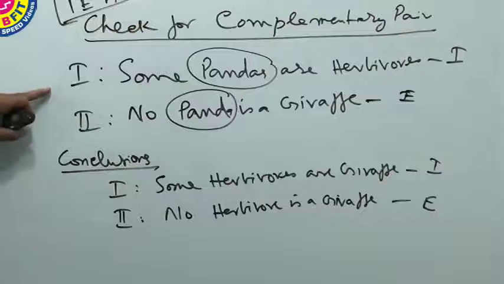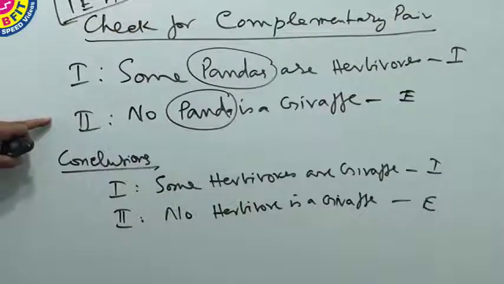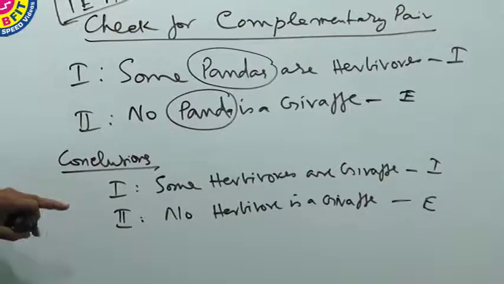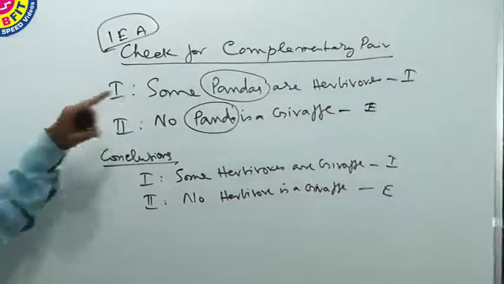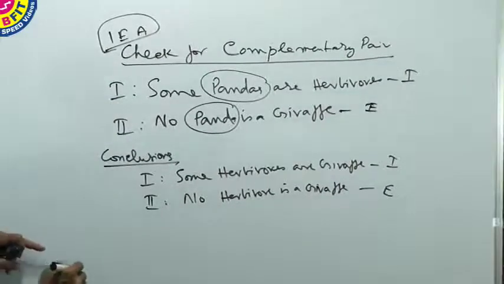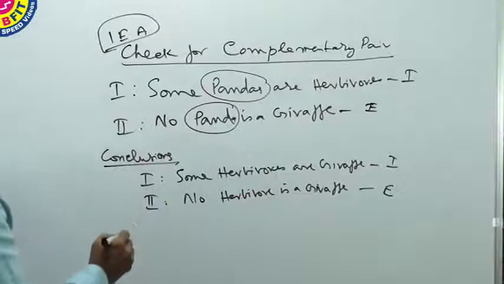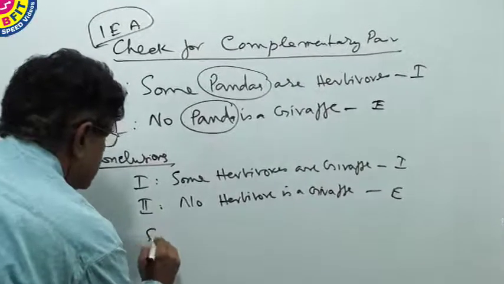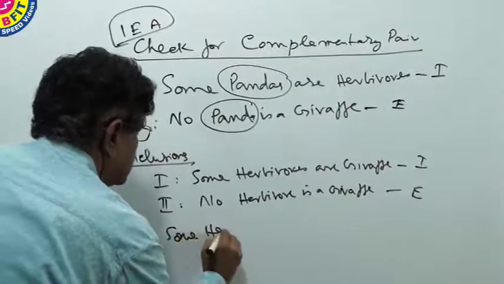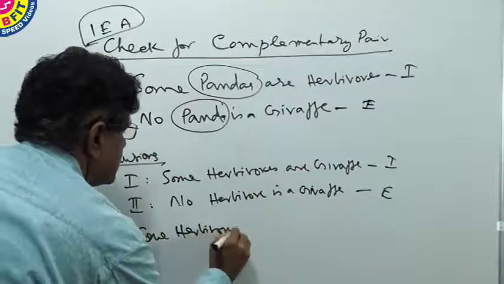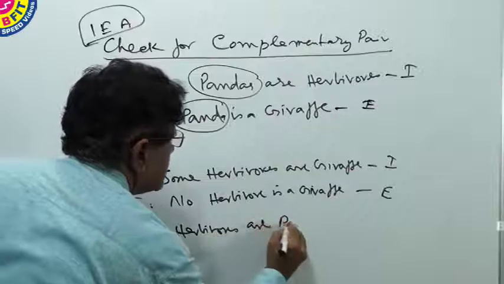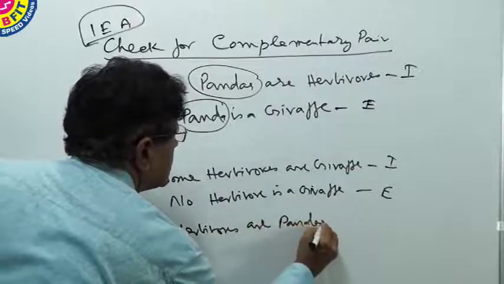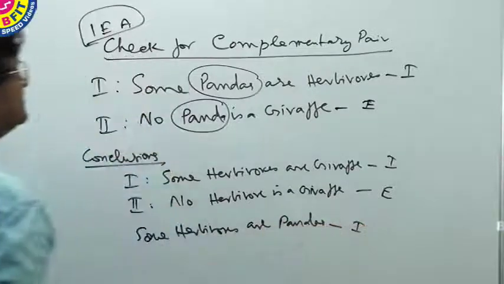Some pandas are herbivores, I type. No panda is a giraffe. So we have to convert the I type. Let us convert it: some herbivores are pandas, I type.